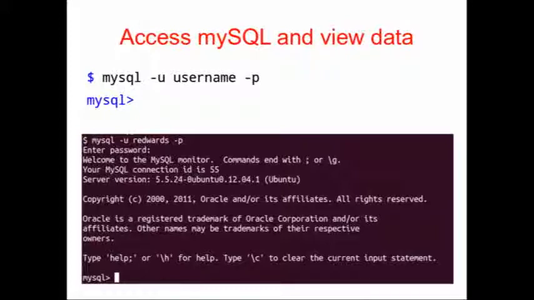If you're using Windows, you can also navigate to the Start menu and click on the MySQL 5.5 command line client. This will immediately prompt you for your password, presumably your root password, and we'll start into MySQL in the same way.